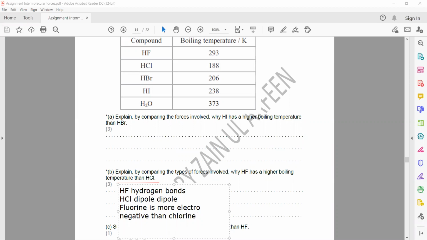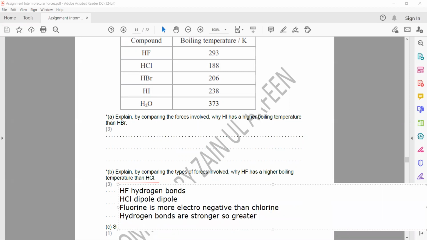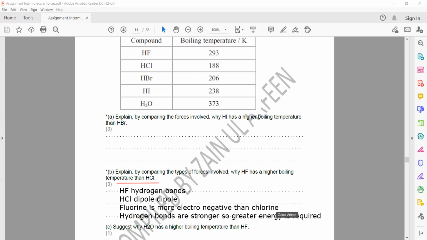And hydrogen bonds are stronger, so greater energy is required to overcome the intermolecular forces and change the state.